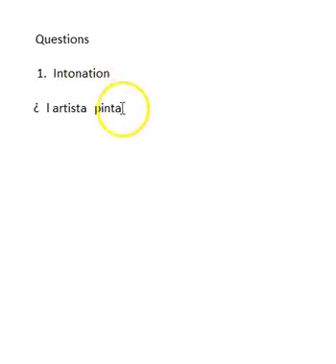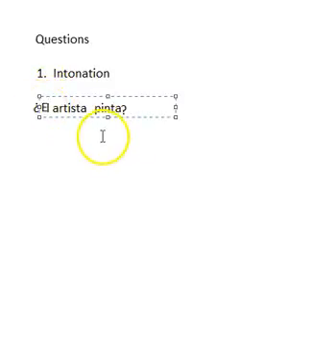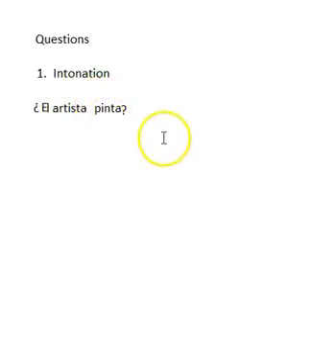El artista pinta. Okay, so all I did was change the intonation of my voice and I changed the punctuation marks. So it was the same exact sentence as before, el artista pinta. But then I changed my intonation, it became ¿el artista pinta?